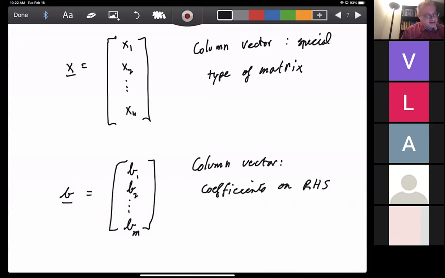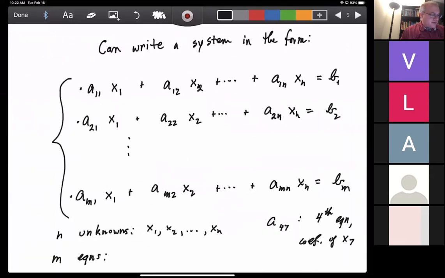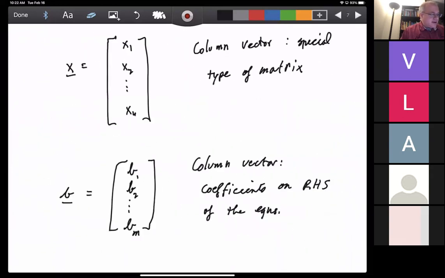So RHS is right-hand side. And notice, if we go back to our system, x1, x2 up to x sub n, we've got n entries here.